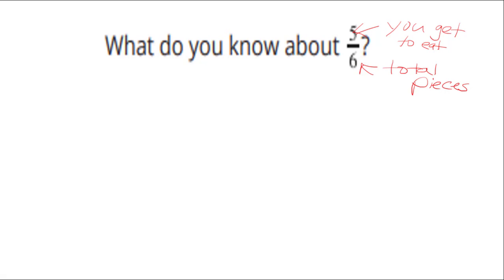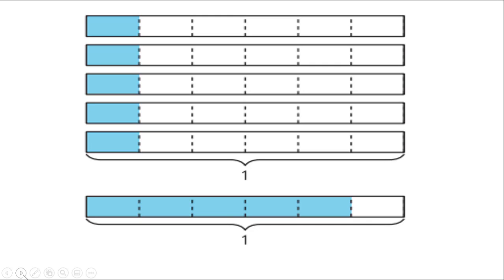So, how do you think we could represent the number 5/6? Okay, here's 2 different ways that we have represented the number here. On this first section, they have shaded 1 out of how many? 1, 2, 3, 4, 5, 6 total pieces.